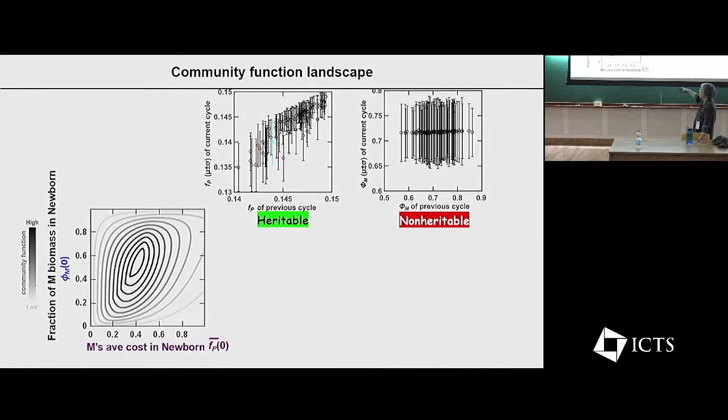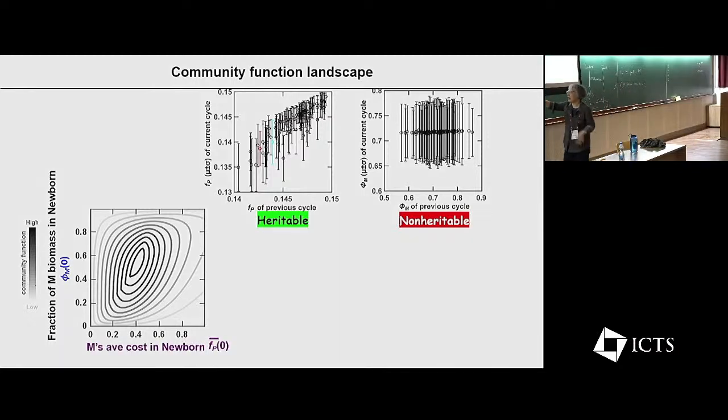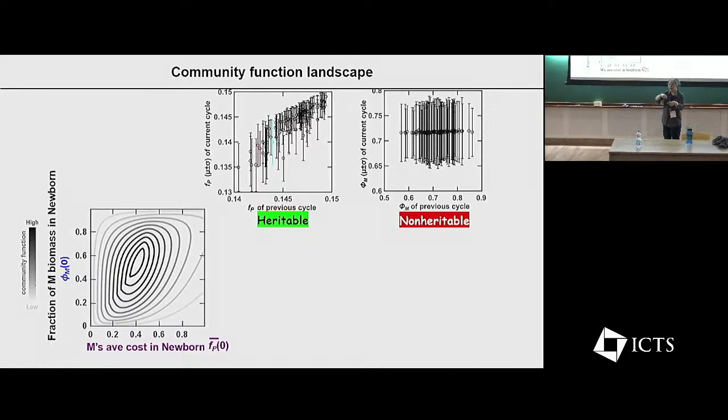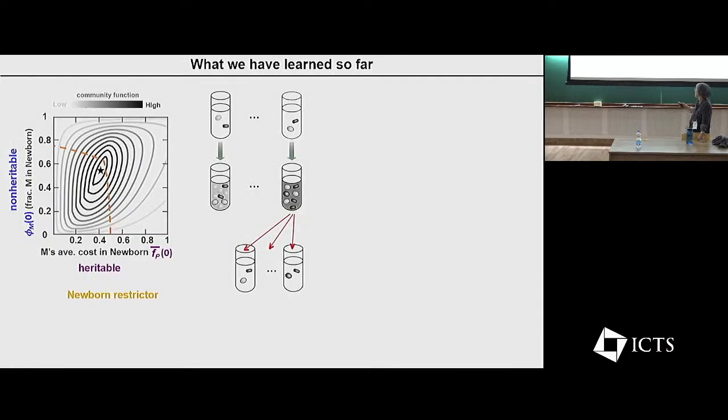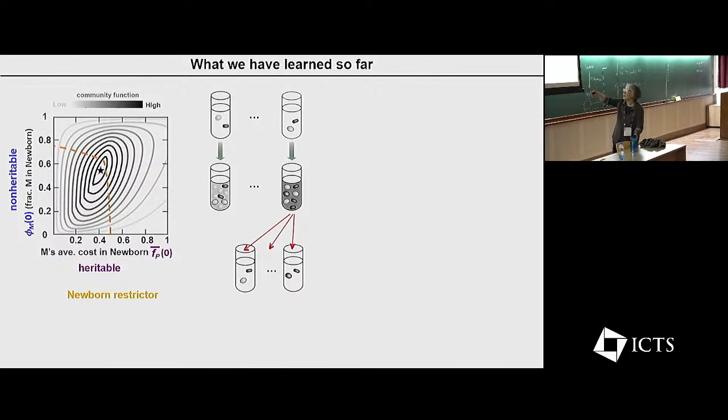And if the newborn has different M genotypes or M costs, we can just do an average. This assumption is valid if the mutation is rare enough, or small enough, or maturation time is short enough, and so on and so forth. And we can superimpose this newborn restrictor.